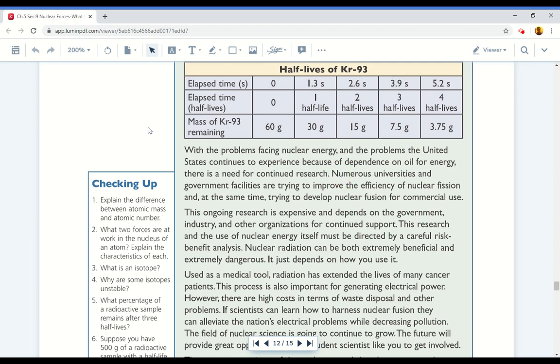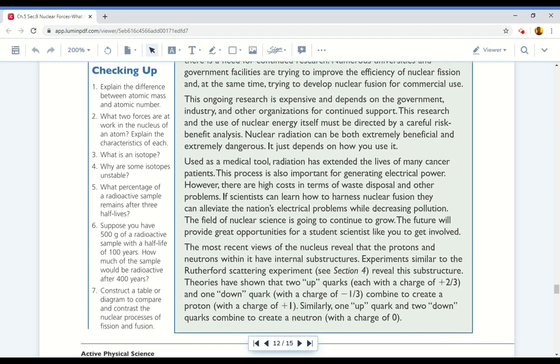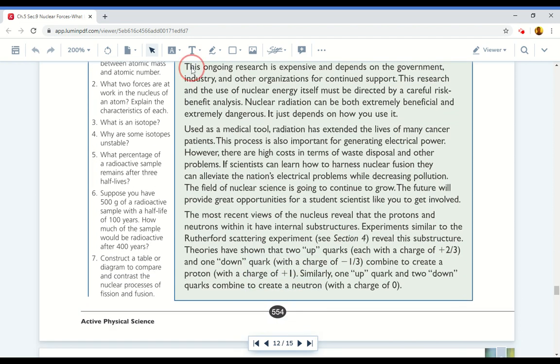Numerous universities and government facilities are trying to improve the efficiency of nuclear fission and, at the same time, trying to develop nuclear fusion for commercial use. This ongoing research is expensive and depends on the government, industry, and other organizations for continued support.